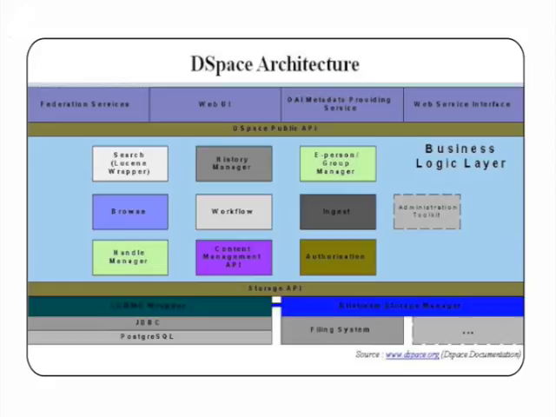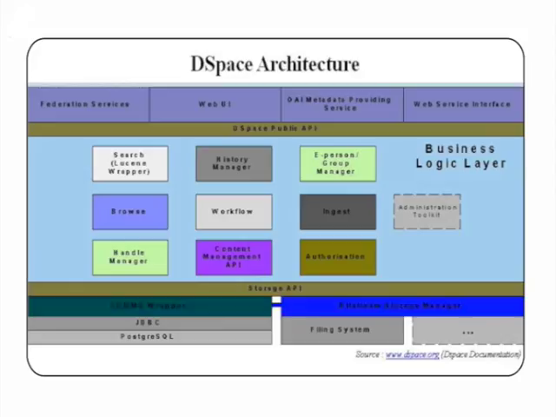These public API components interact with the Business Logic Layer in the middle, which provides search and browse components, Handle Manager, and History Manager, which takes care of logs and statistics. The Business Logic Layer also contains components to manage the ingestion process and workflow, components to manage e-persons, groups and their authorization, along with Content Management API and Administrative Toolkit.